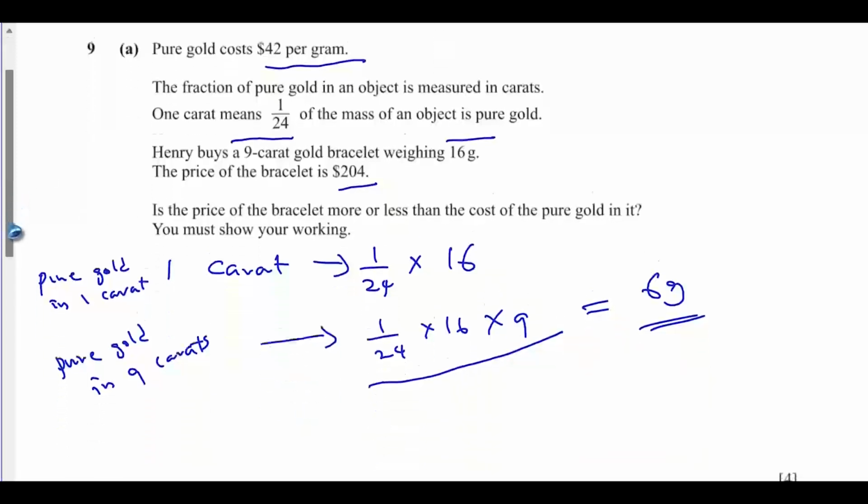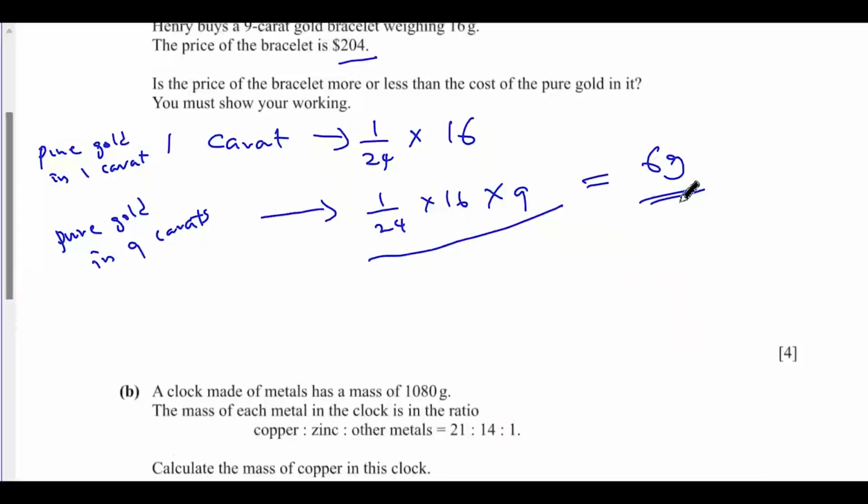So we multiply 6 grams by 42, that is 6 times $42, which gives us $252. So this is the cost of the pure gold in the 16 gram bracelet.